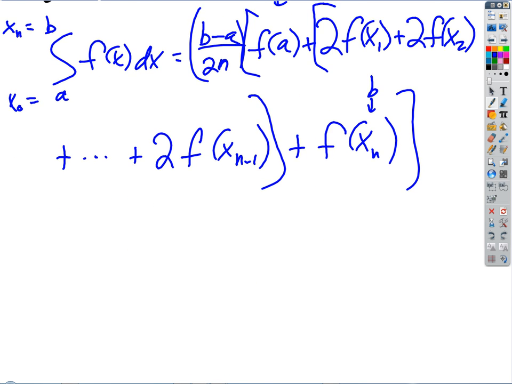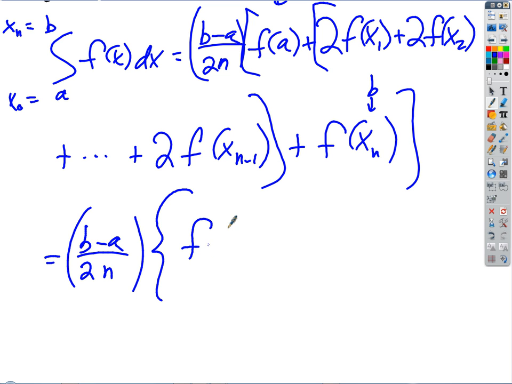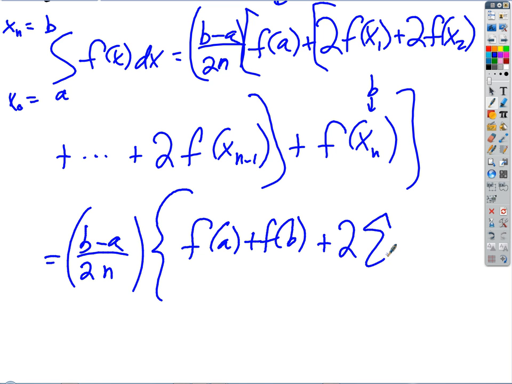So we could make this a little bit simpler by writing it using sigma notation as b minus a over 2n times f of a plus f of b plus that interior sum. Wasn't that interior sum just 2 times f of x sub i, as i goes from 1 to n minus 1? We could pull the 2 out front of the sigma.